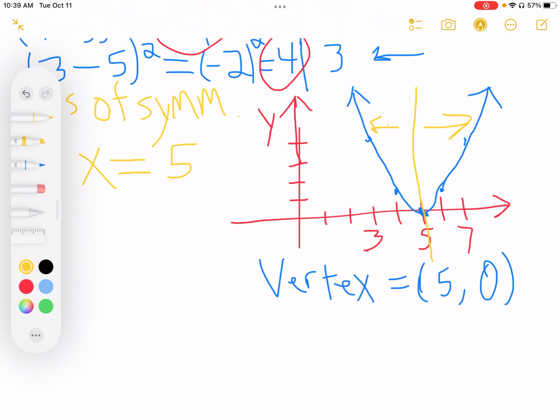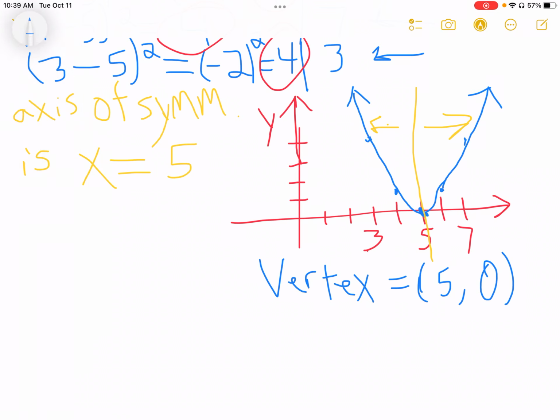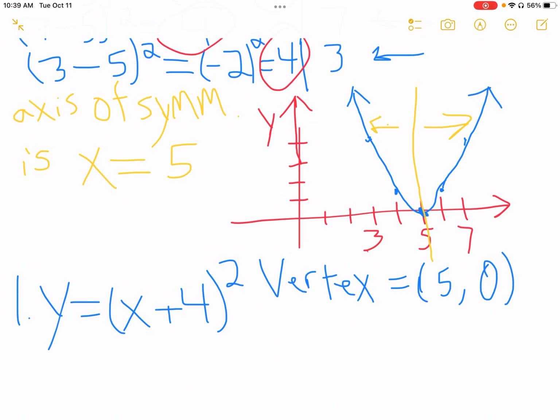okay, let's pick a blue here. So that first one, number 1, is y equals x plus 4 squared. For that one, you just have to think about what is different from this one compared to the one here.